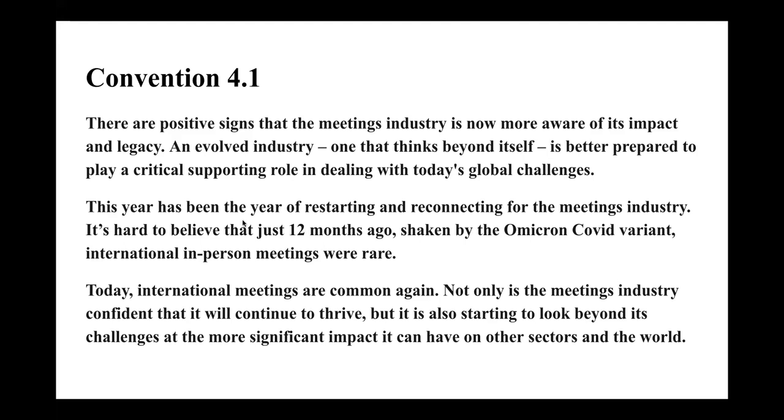Another part is that international meetings are common again. I'm confident that it will continue to be more successful. I think it is a good start to see some challenges or even difficulties here, and it might impact other sectors too.